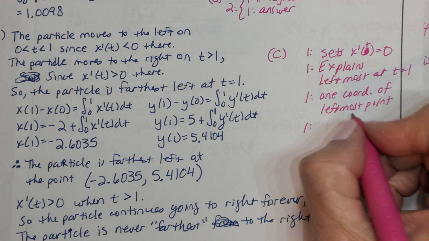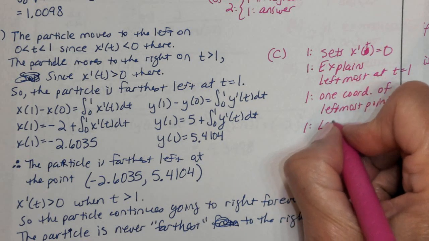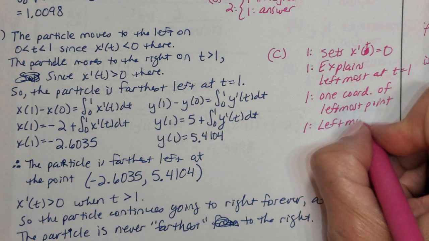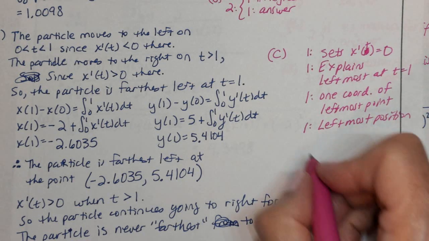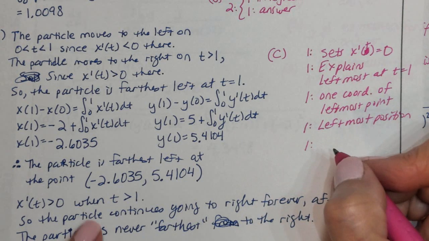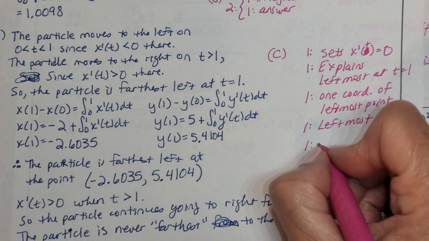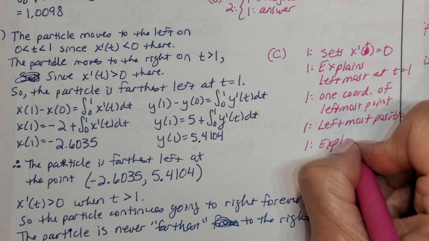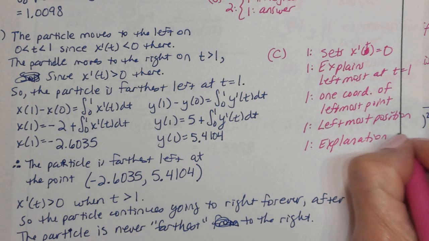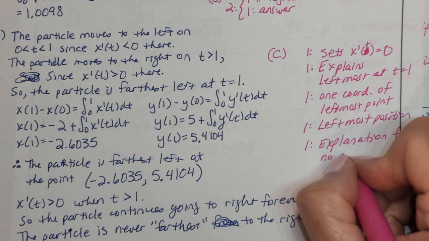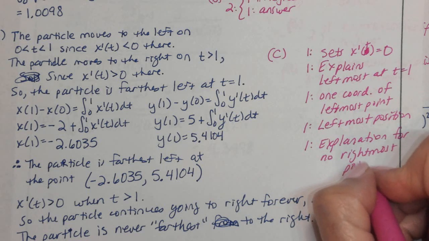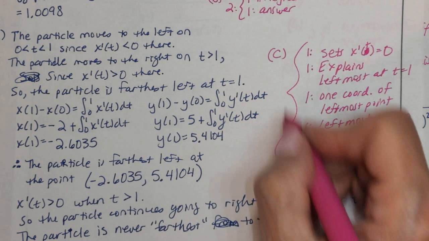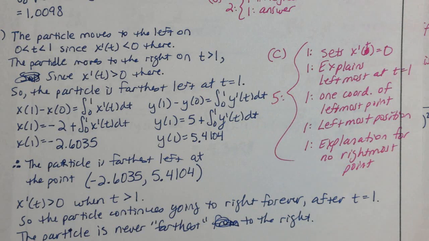And 1 point for the entire leftmost point position, the entire one. And then one last point for what we said at the very end, the explanation for no rightmost point. So a big part was worth 5 points there.